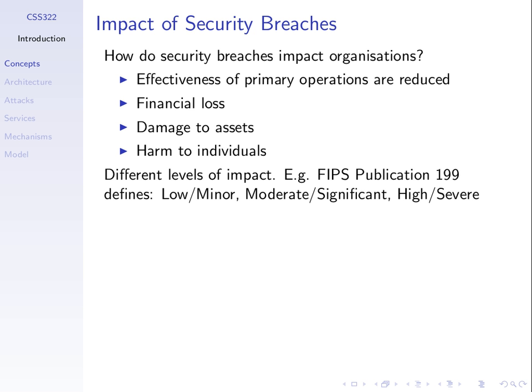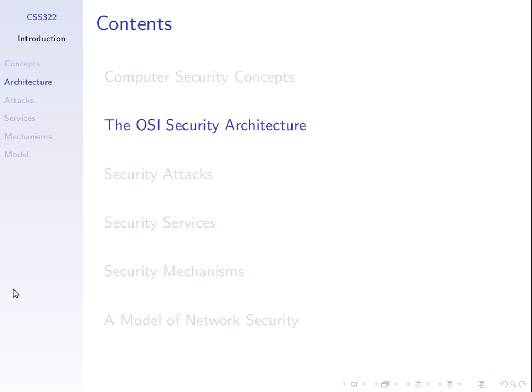Is it going to be serious financial loss or just a small financial loss? They try to classify the impacts of different breaches that may occur and look at ways to prevent and detect those breaches so that they don't happen, so that they minimise the impact. So that's a little bit about some key security concepts. If something goes wrong, there may be minor to severe impacts.